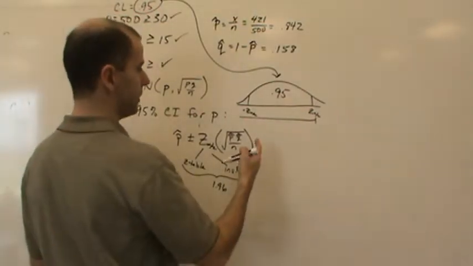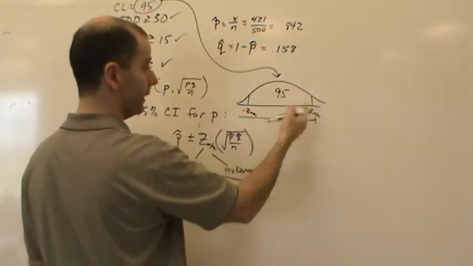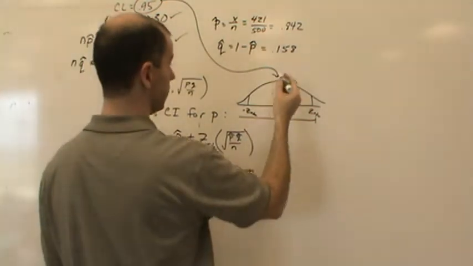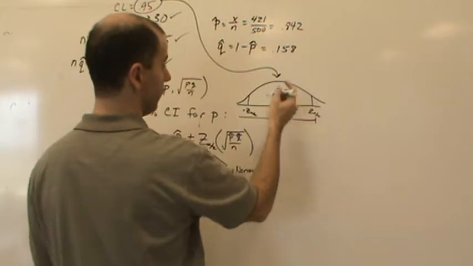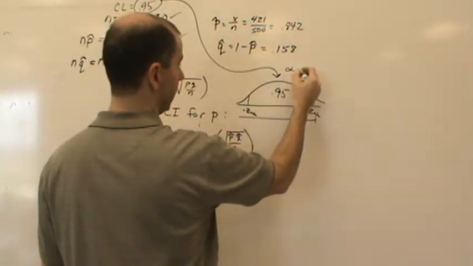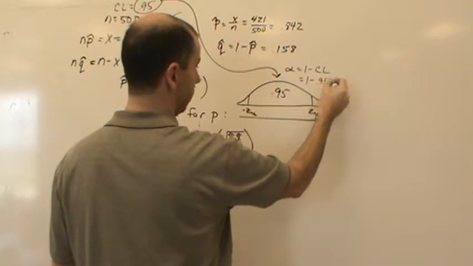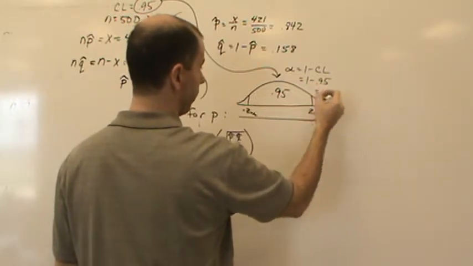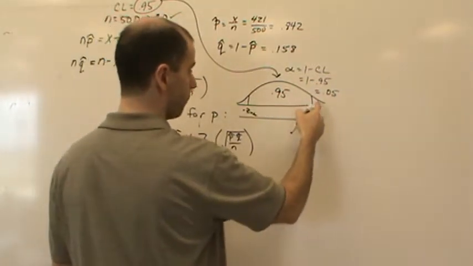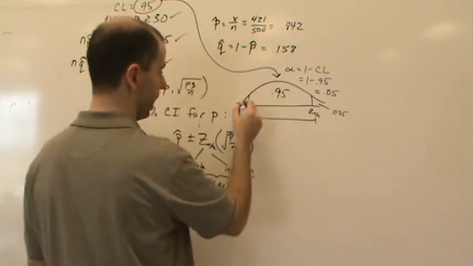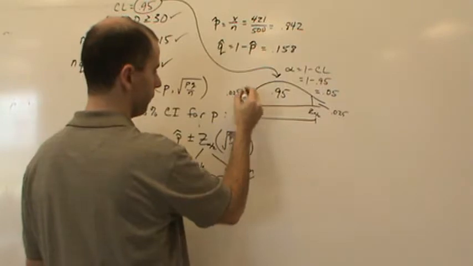That's what we know about the confidence level, okay? And then what happens? Alpha. Well, what's alpha? Alpha is the area in the tails. Don't forget that. Alpha is always the area in the tails, which is just 1 minus the confidence level. So alpha equals 1 minus the confidence level, which is 1 minus 0.95, which equals 0.05. And then half goes in each tail. So that's 0.025 here, 0.025 here.